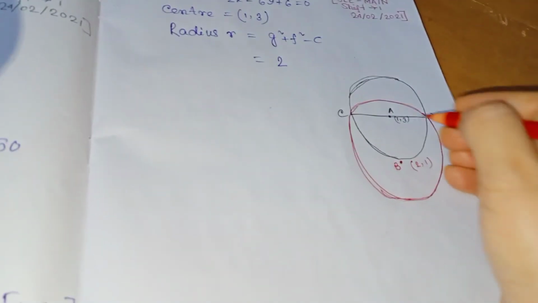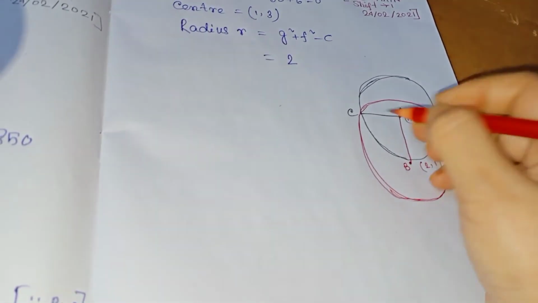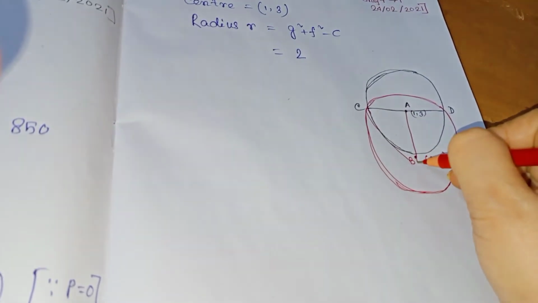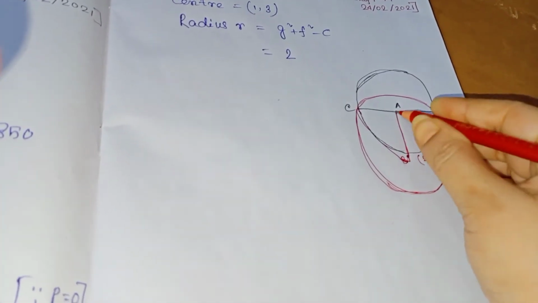Now adding these points to the center, this is the radius.